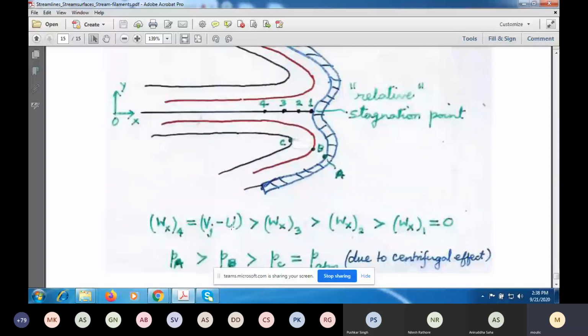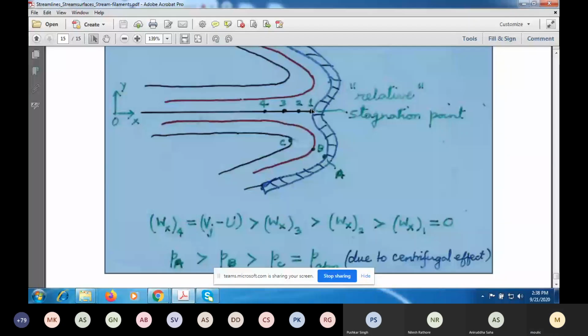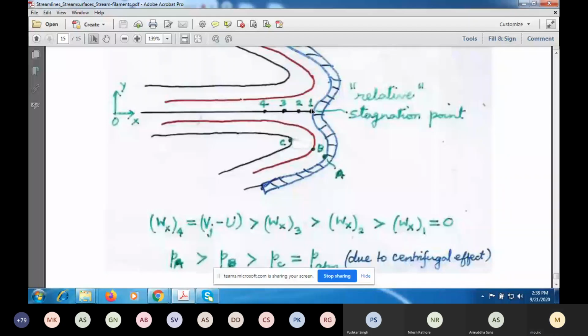Now at point 1, what is the relative velocity? Zero. It will be 0. Okay. So if you look at what is happening, the fluid particle will decelerate as it moves from 4 to 3 to 2 to 1.